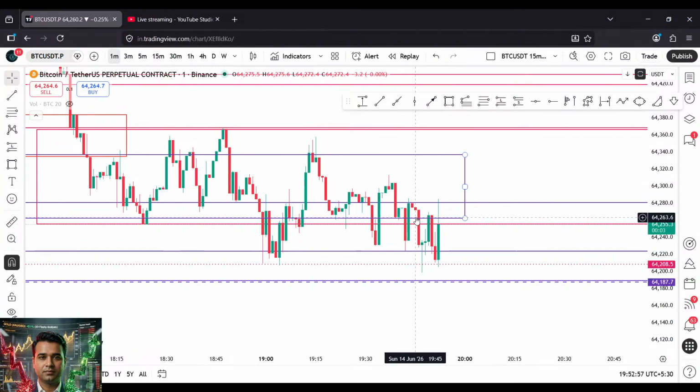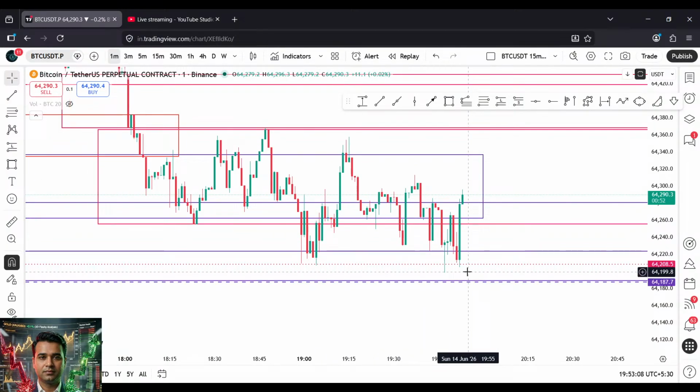And now price has almost hit the MPL area of this, below the 50%. It has hit 50%. Now price has hit below the 50% and hitting the MPL.